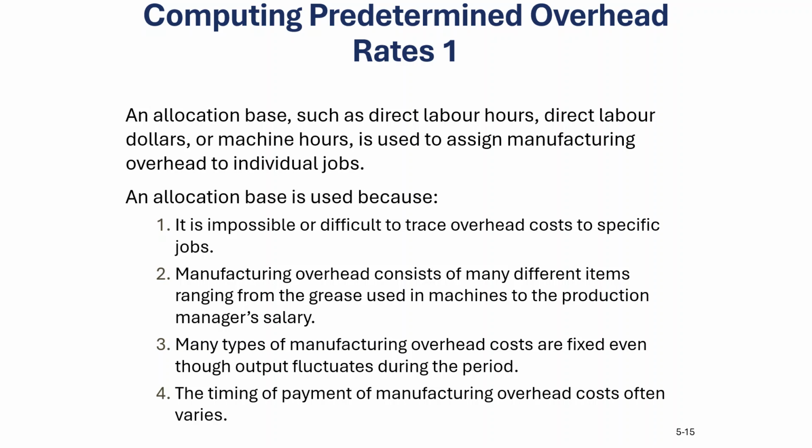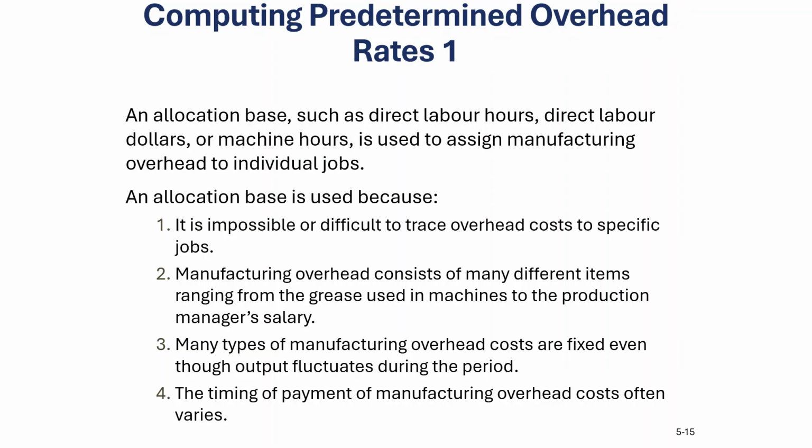So the most common allocation that we use is the labor hours or the direct labor dollar values. Okay, so if you say that the one job is taking a certain number of labor hours or certain dollar values of labor cost, you can allocate by using a percentage of those.